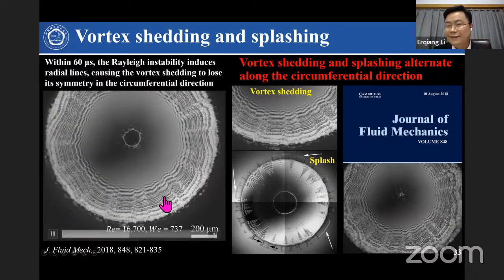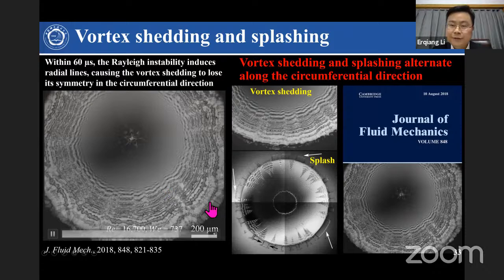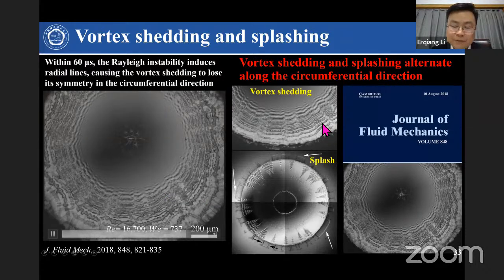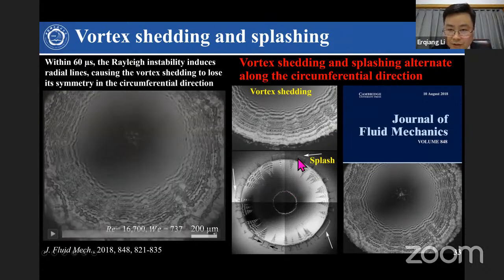But how can it relate to splash? Later, if we observe very carefully, when the lamella breaks up, or the ejecta sheet breaks up, we always see it only splash from the region where it doesn't have this vortex shedding. You can see here we have splash, here is no vortex shedding. Here we have vortex shedding, there is no splash. So we first observed this kind of link.